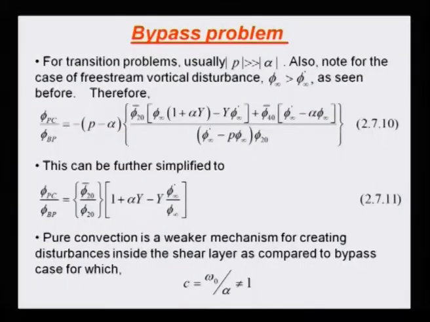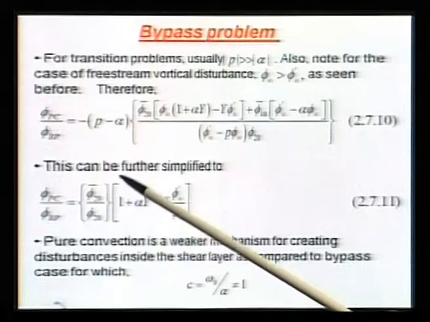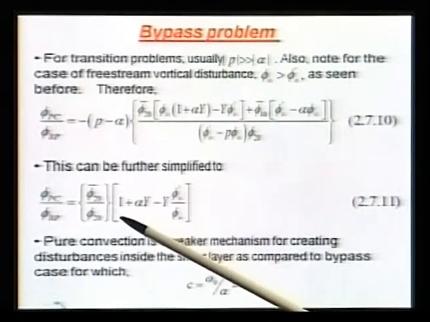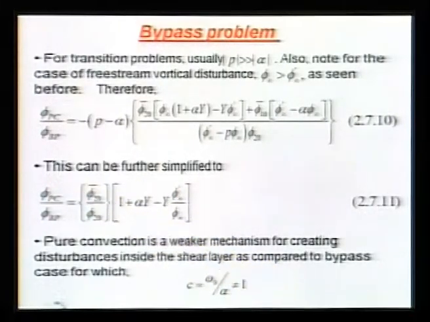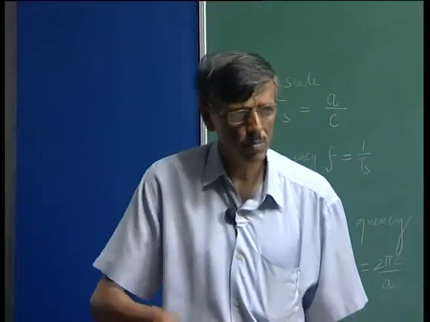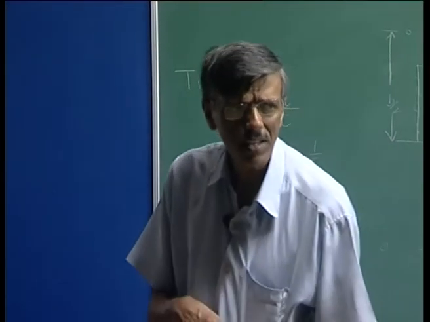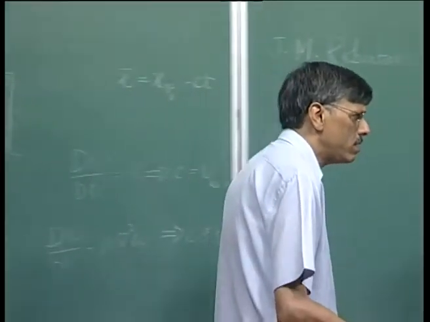And what we find eventually is that this quantity is going to be a small quantity. That means this equivalent wall excitation for the pure convection case is much weaker than the bypass mode.